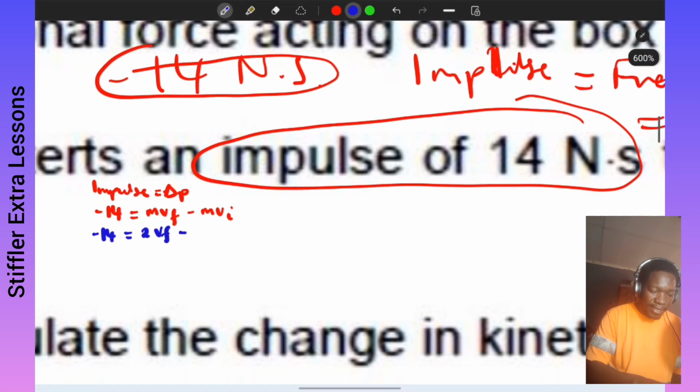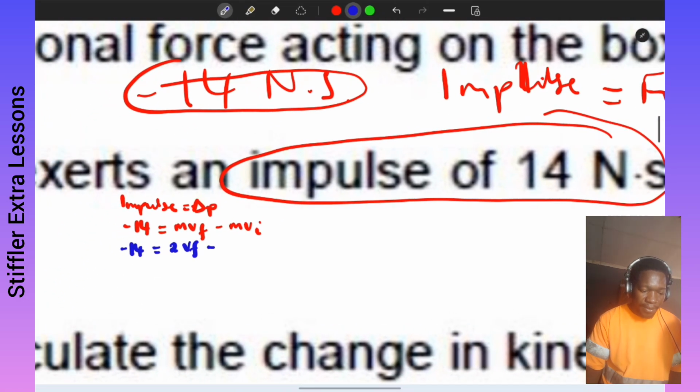So let's see how we can find our final velocity. This should be 2 multiplied by 4. So our negative 14 becomes 2VF minus 8. So we can take 8 to that side. So our 2VF becomes negative 14 plus 8, which gives us negative 6.